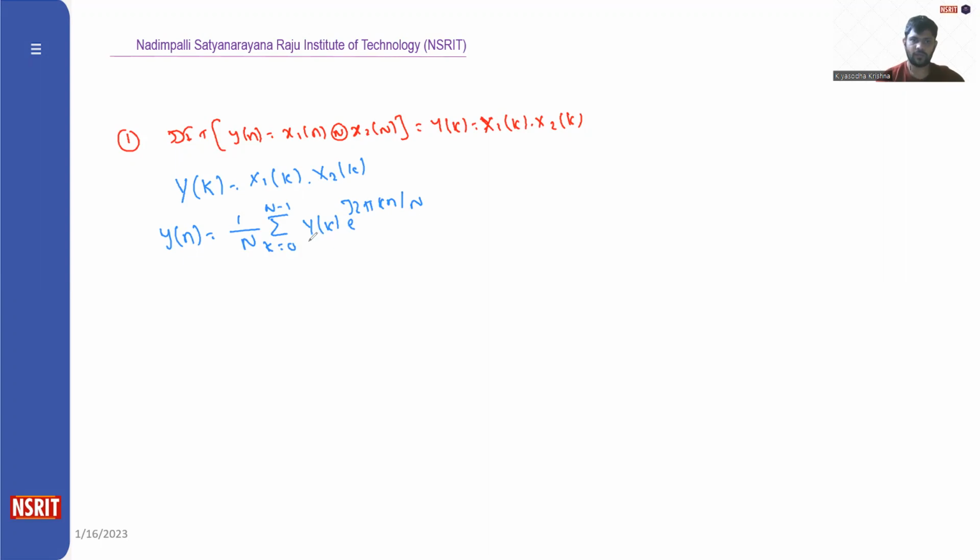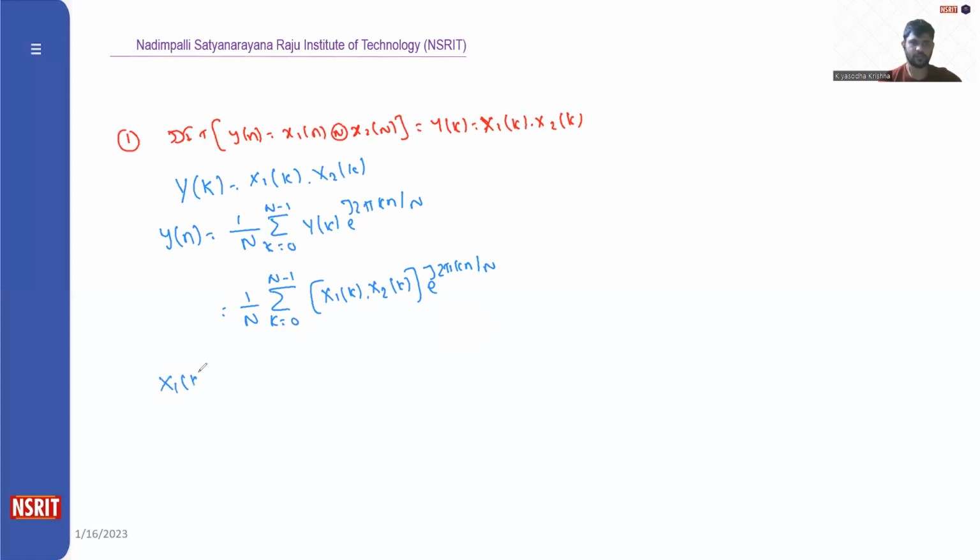And we know that y of k is nothing but x1 of k and x2 of k. Just replace, summation k equal to 0 to n minus 1 of x1 of k into x2 of k into e to the power of j2 pi k n by n. Replace the x1 of k and x2 of k in the above equation.